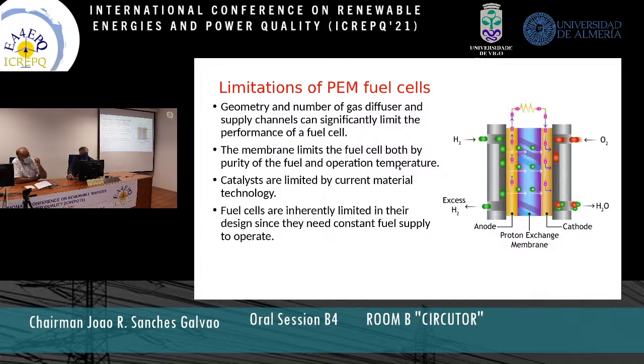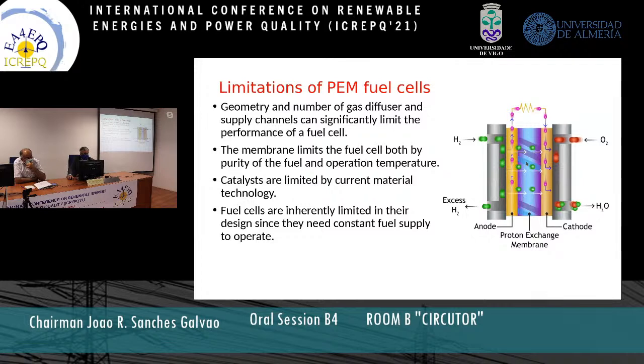Limitations of PEM fuel cells are many. One is the gas diffusion layers, which are shown on both sides. The geometry of flow channels is very important. The membrane itself in the middle, shown in blue, has a lot of limitations.